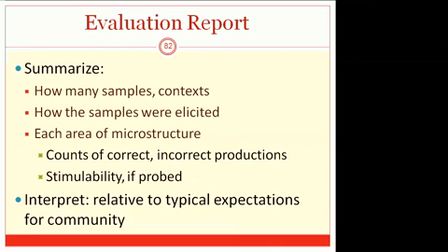You'll want to summarize for your report how those samples were elicited, and you'll want to report on each area of microstructure: cohesion, sentence pattern and complexity, and also lexical diversity. For each area of microstructure, you're going to want to report counts of correct and incorrect reductions and/or non-attempts if there was something that was not even tried.